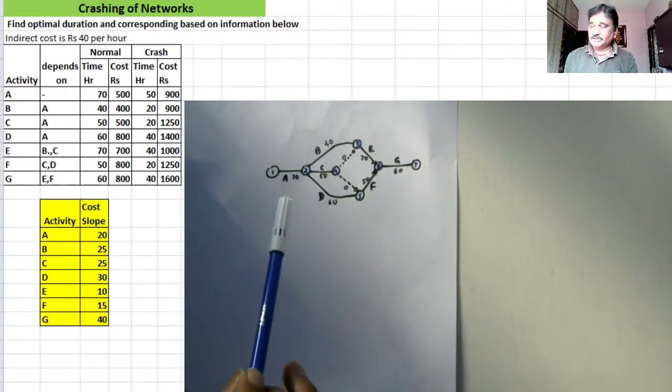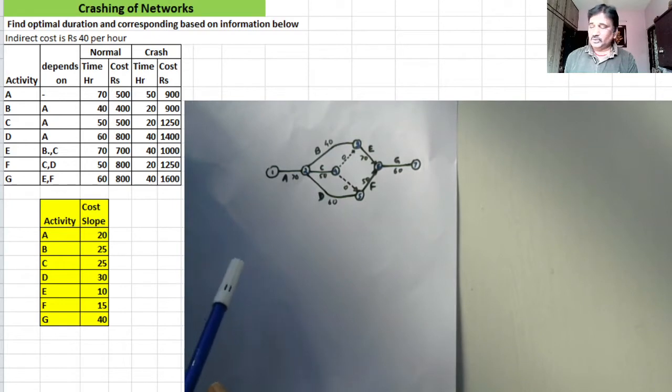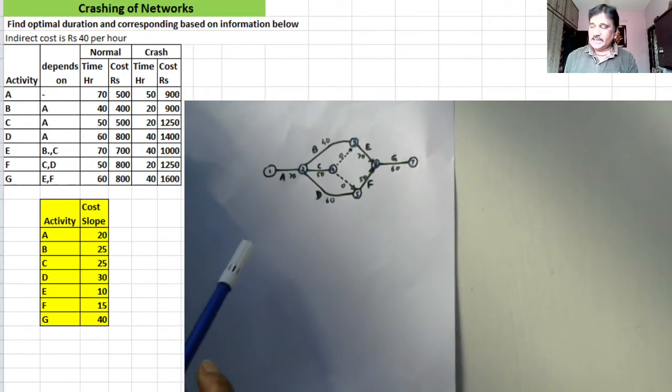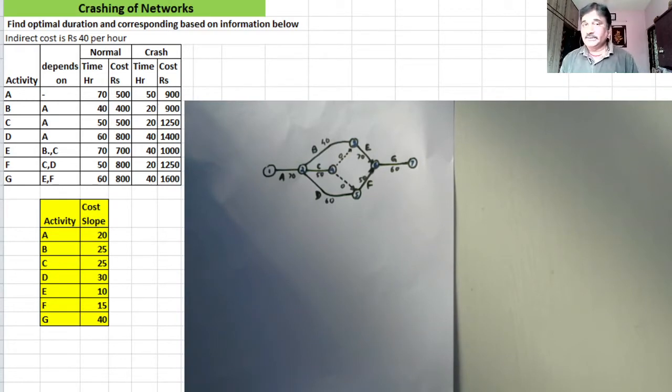In the backward pass, you find TLs at each node, and then you find slack, and you connect the nodes with zero slack, provided TE at the arrowhead is because of TE at the tail.